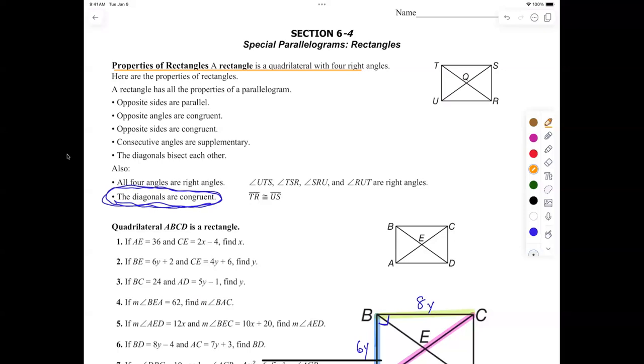All right. These are called what? Special parallelograms. So I told you, every property of a parallelogram applies to a what? The rectangle. The rectangle is a special parallelogram.